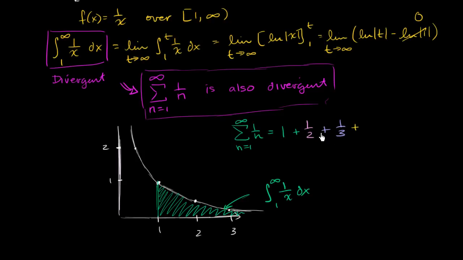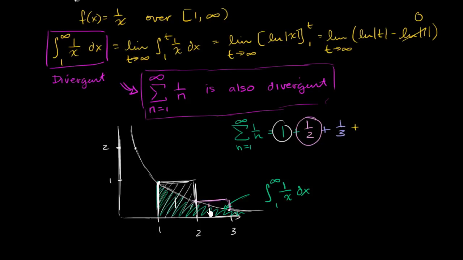Now you could view this as an overestimate of that area. So this one right over here, you could say that this is this one height times 1 width. So that's that block right over there. The area of that is going to be equal to 1. Then this over here, 1/2, you could view that as the area of the next block. And so you could kind of view this as a left-sided Riemann sum, I guess is one way to think about it.